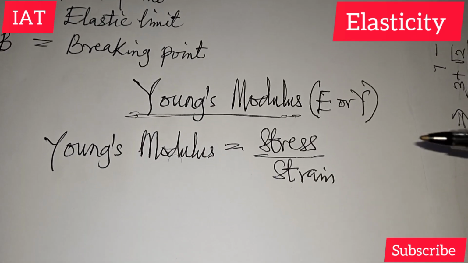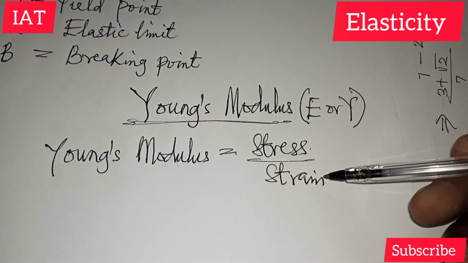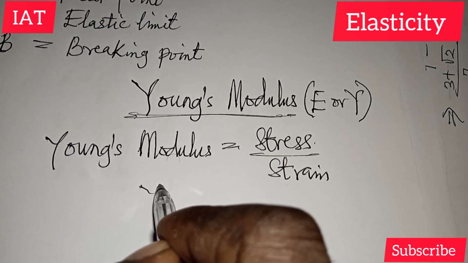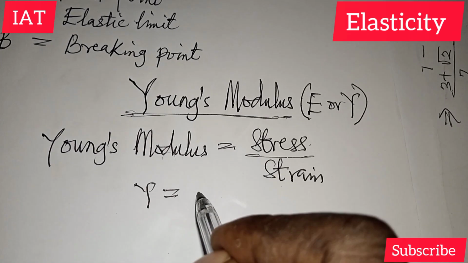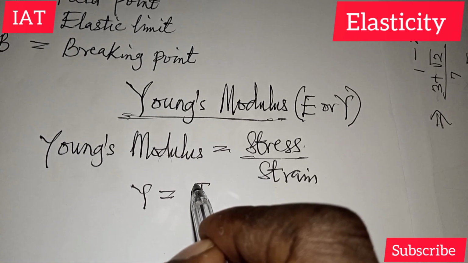But we can't go further if we don't know what this stress is all about and what this strain is all about. Symbolically, you can put this one as y equal to, this is how we represent stress in most cases.